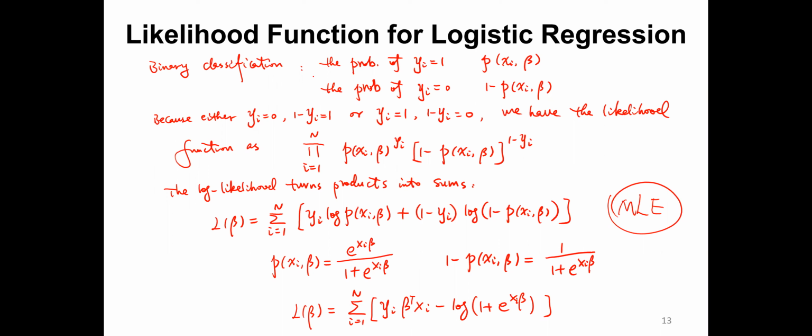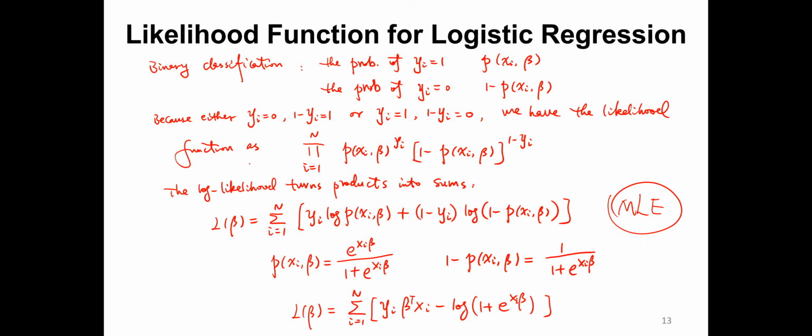So for binary classification, the probability of yi equals 1 is p(xi, beta), and the probability of yi equals 0 is 1 minus p(xi, beta), because there are only two outcomes. One is p and the other one is 1 minus p. Because either yi equals 0, 1 minus yi equals 1, or yi equals 1, 1 minus yi equals 0. So we have the likelihood function.